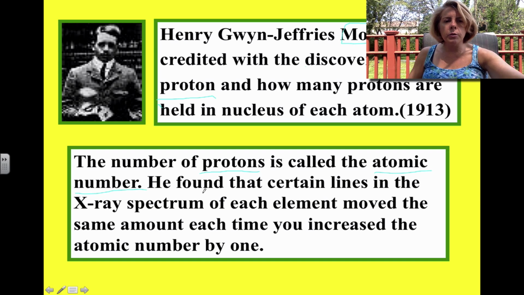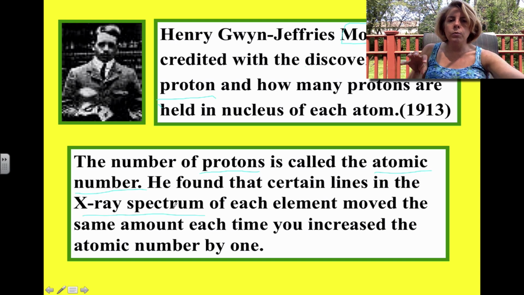The way he determined that is he looked at the X-ray spectrum of each element, and he noticed that these lines moved depending on how many atomic numbers you were looking at. So he was very instrumental in determining the presence of a proton within the nucleus.